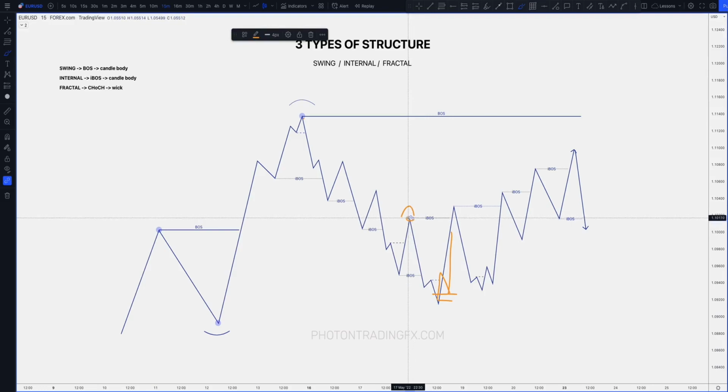At this point, this is a strong internal lower high because it took out the internal low, right? It's only once that breaks that the internal structure switches bullish. This then becomes that strong internal low, and now this here becomes the highest probability buying opportunity because the large internal structure is now aligned with the swing structure.